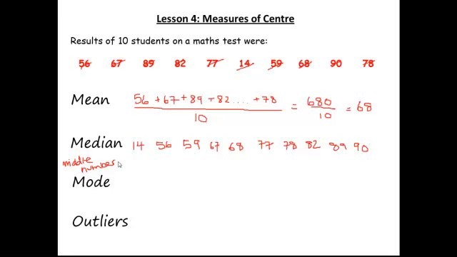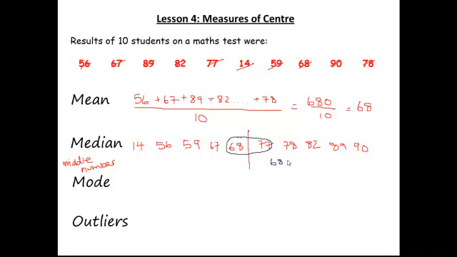Because I've got 10 pieces of data, the middle here is going to split the data right in half. So I'm going to have 5 on one side and 5 on the other. So the median is going to be the middle of those two numbers. In order to find the middle, we're actually just finding the average or the mean of those two numbers.